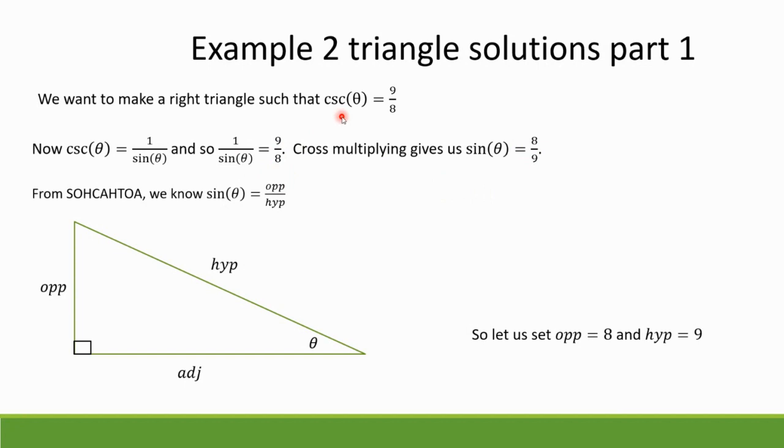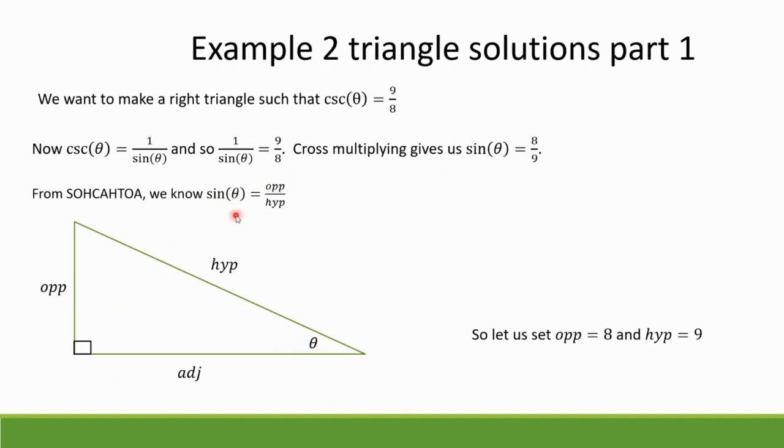So now that we know what sine is, we're good, because we know that sine of theta is opposite over hypotenuse. If we go back to our right triangle definition, which we have here, sine of theta is opposite over hypotenuse.